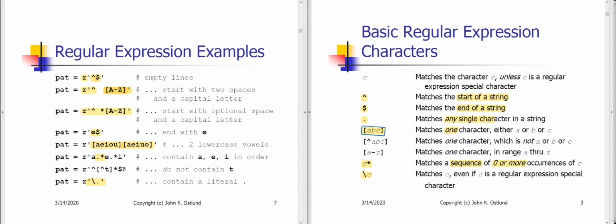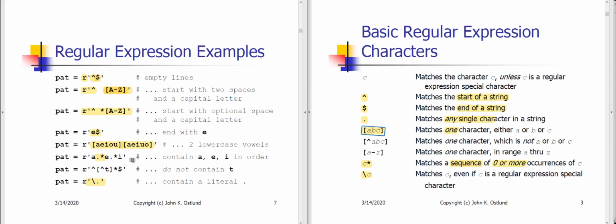Okay, so dot star matches either zero characters or one character, which might be anything, or two characters, or three characters, or 5 or 90 or 5 million, all right? So dot star in regular expressions is how you indicate that you want to match some arbitrary amount of stuff, including no stuff at all.